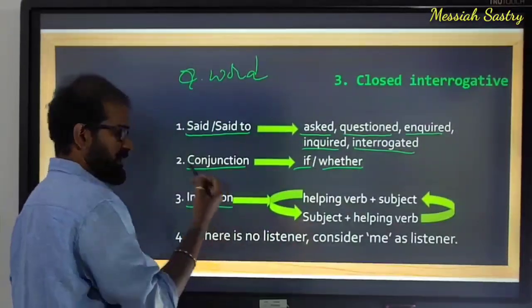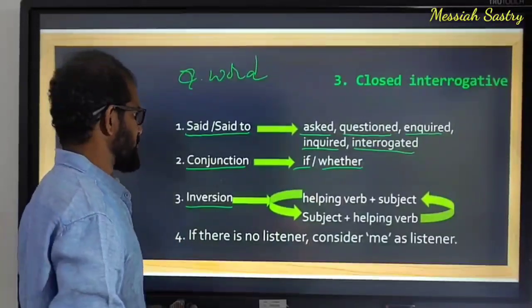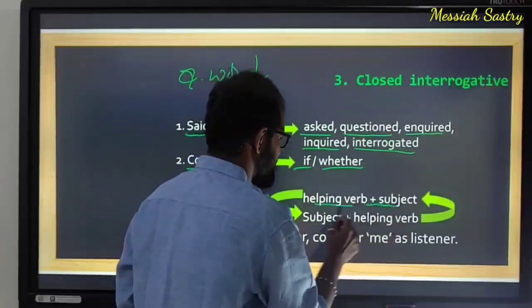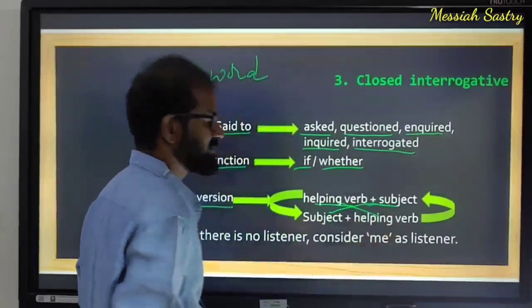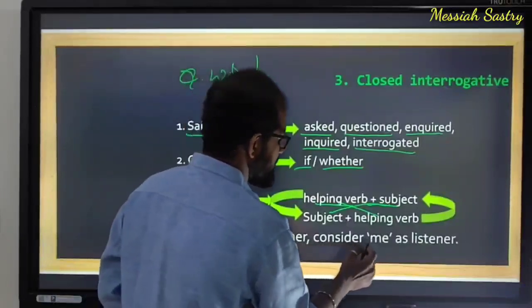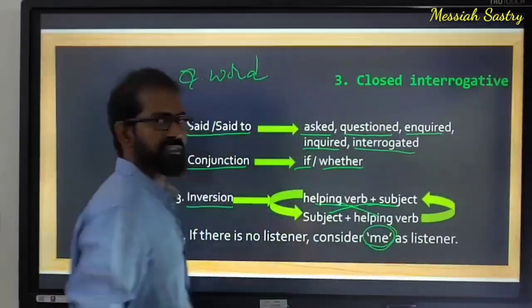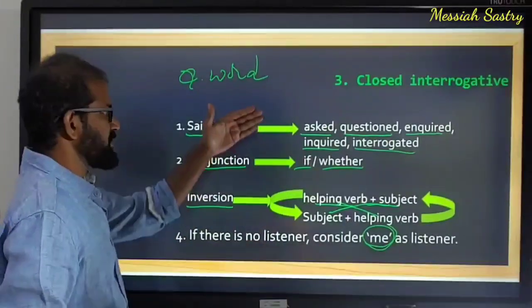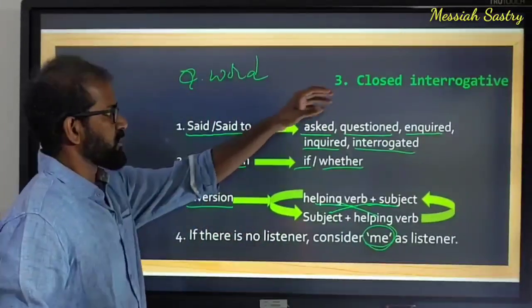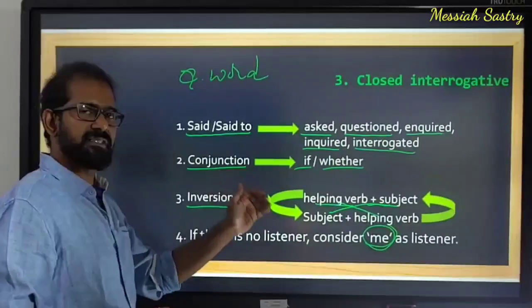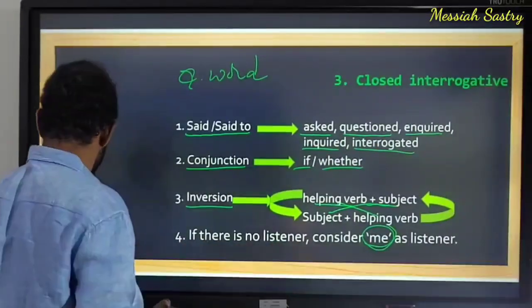And there is supposed to be an inversion, just like in an open interrogative sentence. Inversion is nothing but the helping verb and the subject interchanging their places. And if there is no listener, consider me as the listener. So these are the four points you need to remember while changing a closed interrogative sentence from direct into indirect.